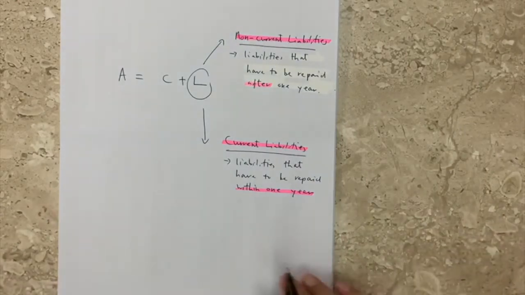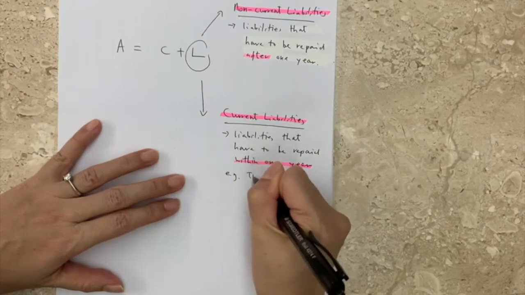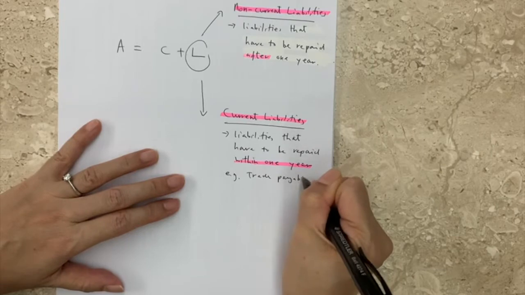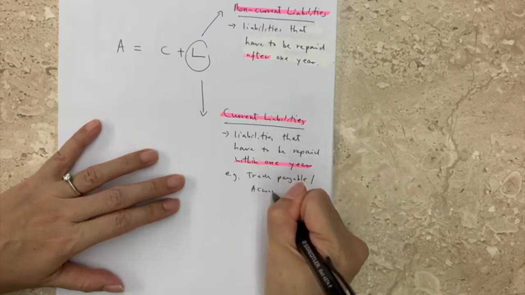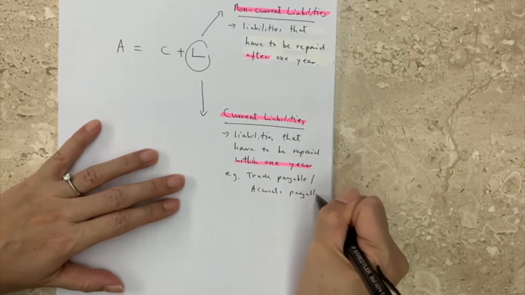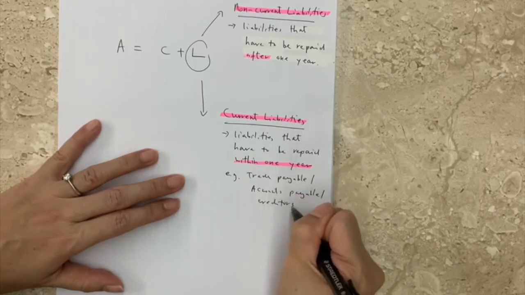Okay, so for example, for these current liabilities, we have this trade payable or accounts payable, which is the same as creditors.